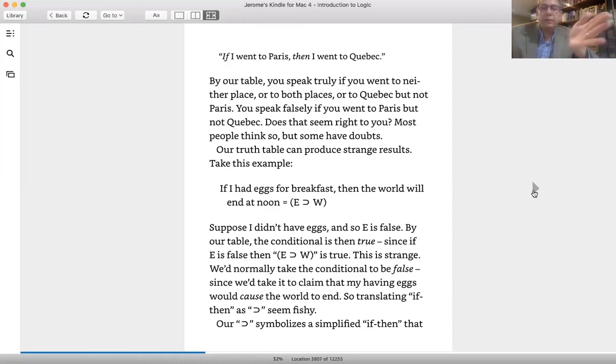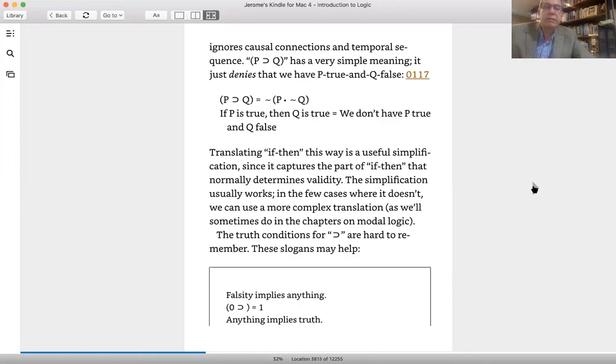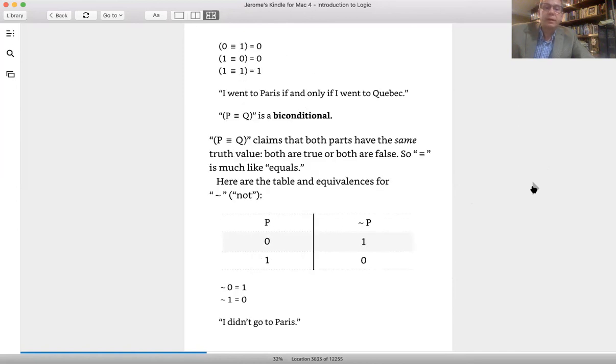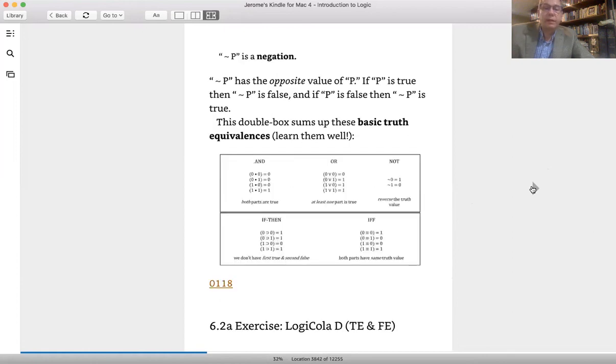So he talks about, and I'm going to gloss over this for the moment, but he does explain in the text a little bit with respect to why the table for the conditional is the way it is. And so he ends here with the biconditional. And of course, the negation.